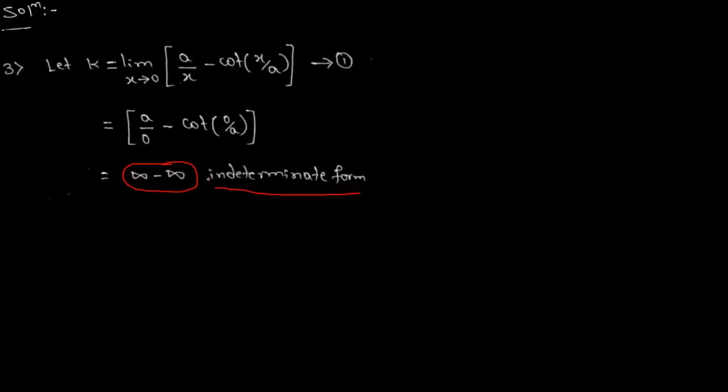Now, once we get this type of indeterminate form, we cannot apply L'Hospital's rule, because LH rule is applicable only for 0 by 0 and infinity by infinity. So we need to manipulate this function to bring it to this form.